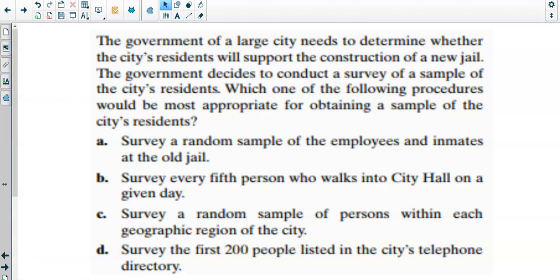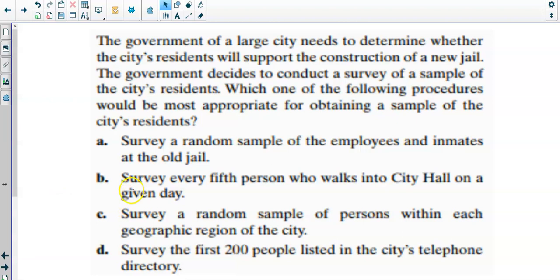Would that really truly represent what the city residents want? No. So you throw this one out, because this does not represent the city. This represents the jail population. We want the city population.